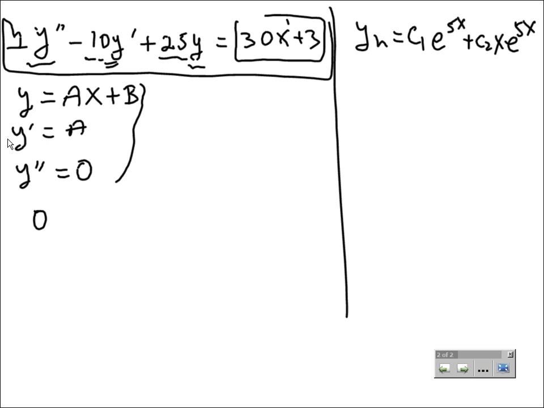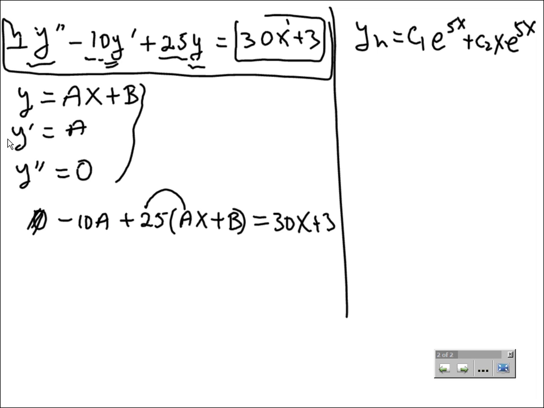So y double prime minus 10 times y prime plus 25 times y must equal 30x plus 3. So we want to combine like terms. First, we don't need that 0. Here we have a number of x's.